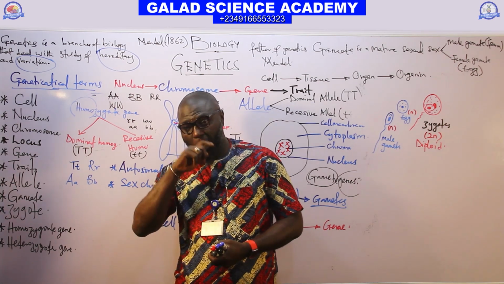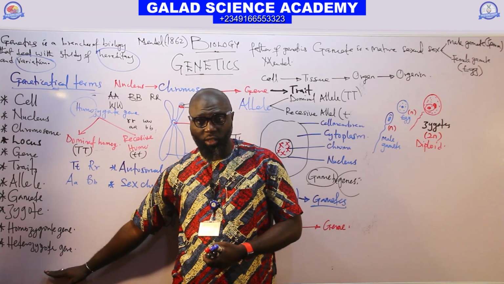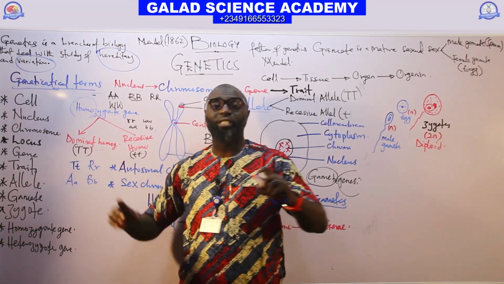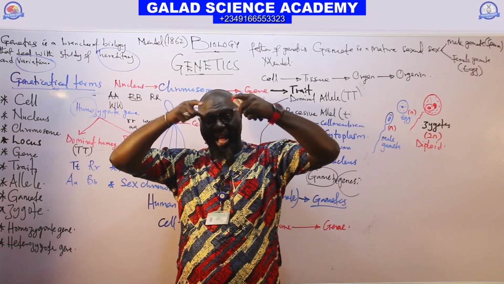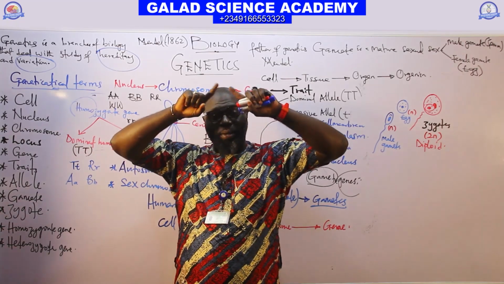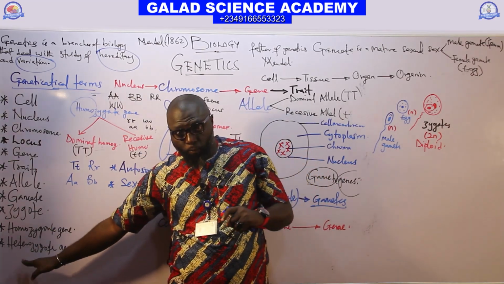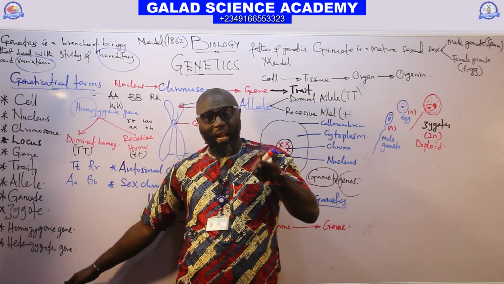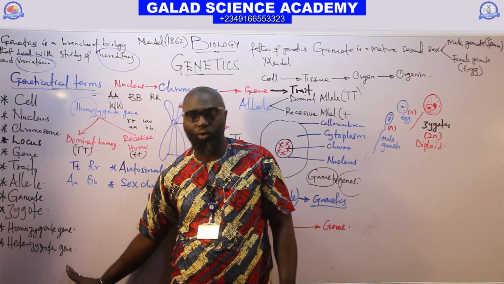We will later understand the full details of heterozygotes and homozygotes. But I tell you that you use two capital letters of the same alphabet for homozygotes, and one capital letter and a small letter of the same alphabet for heterozygotes.